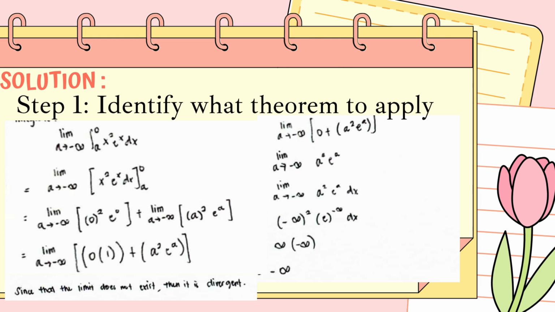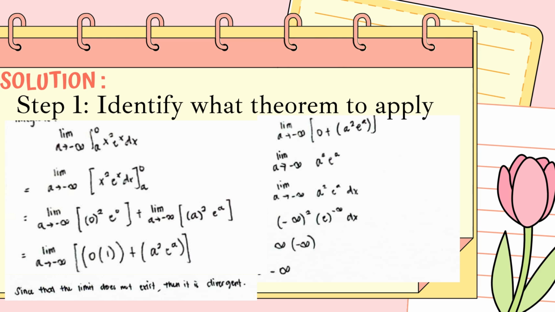So we have the limit of the integral of x squared times e to the x dx from a to 0, where a approaches negative infinity. Then we will integrate them.